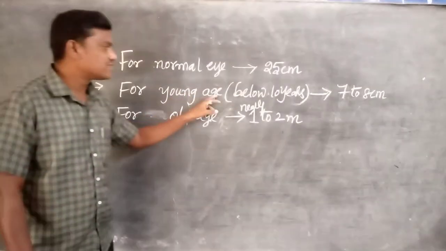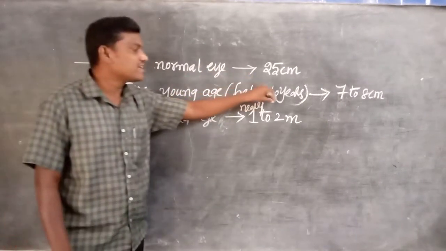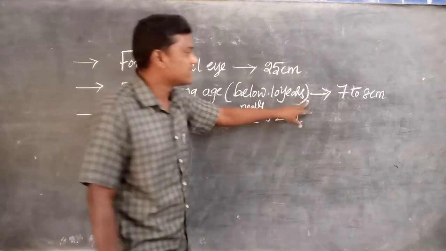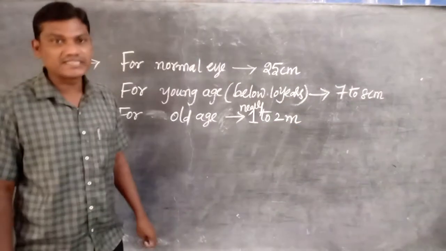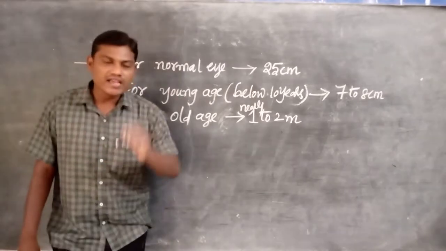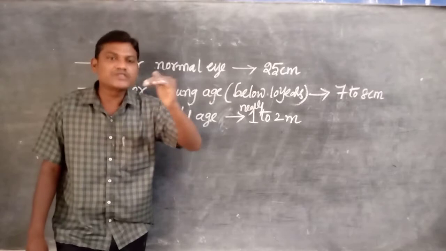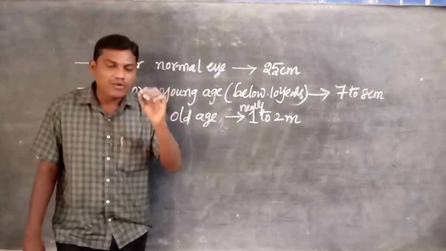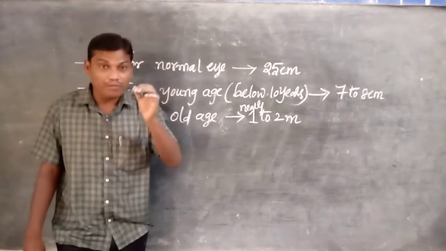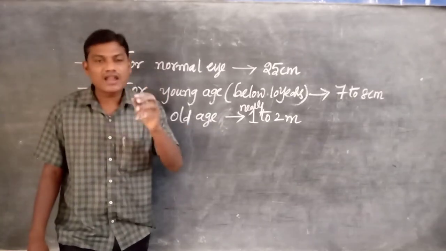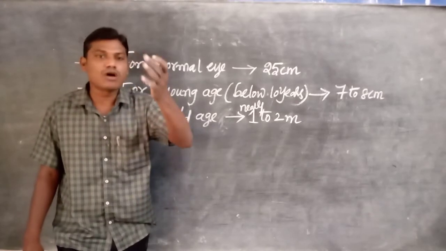For young age, that is below 10 years only, you are observing that the least distant vision of children is 7 to 8 centimeters only. Why? For children below 10 years, the value is 7 to 8 centimeters because their eye can bear more strain, and their eye is very flexible and very strong.